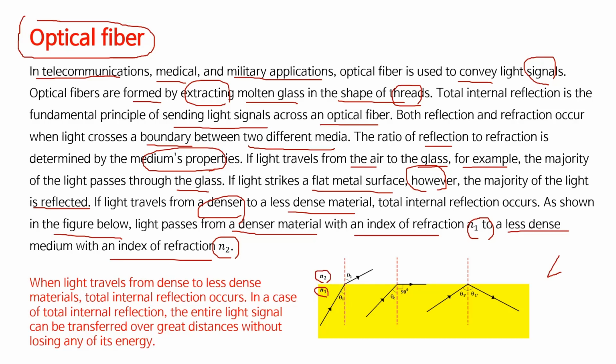When light travels from dense to less dense materials, total internal reflection occurs. In the case of total internal reflection, the entire light signal can be transferred over great distances without losing any of its energy.